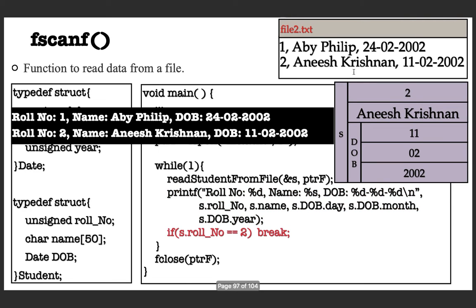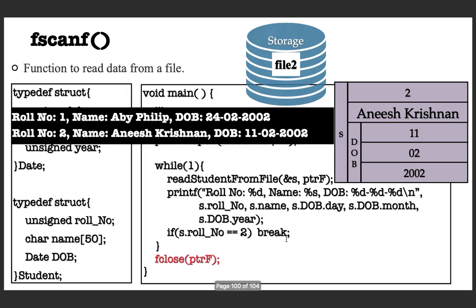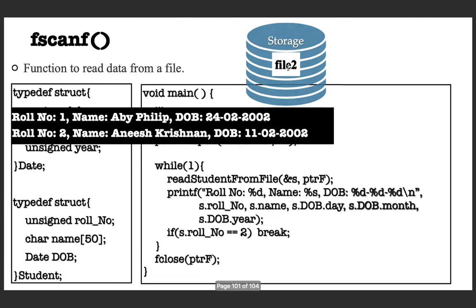And coming down, now see, roll number is 2. According to this, the check is validated, and so this break is going to be executed. So now it's a close function. The file is going to be closed, it is residing in the permanent storage, and you are finishing that program.